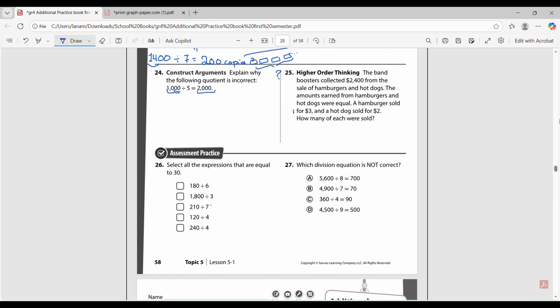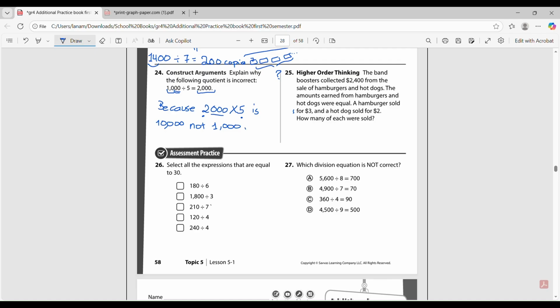Now in question 24, construct arguments. Explain why the following quotient is incorrect. Some students said simply because the quotient cannot be greater than the dividend, and this is correct. We can also say because if we look at the inverse operation, 2000 multiplied by 5 is 2 times 5 is 10, and we still have 3 zeros, is 10,000, not 1,000.